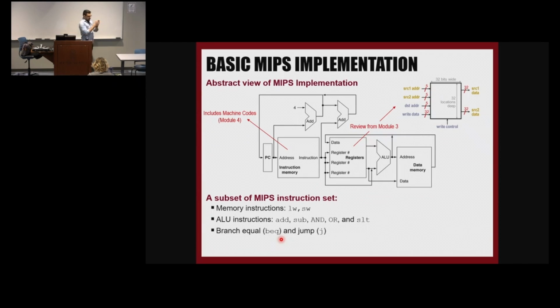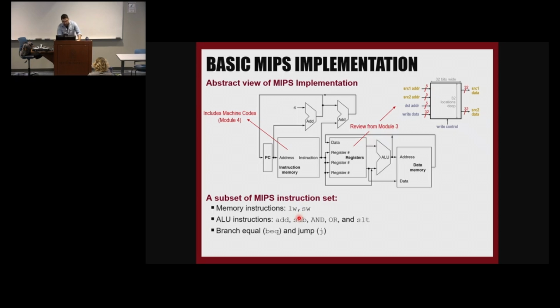And we are going to cover basic MIPS processor implementation. A very basic one. And then we start from here, and we add different blocks to it moving forward. Okay? So what we're looking at here is a very basic view of MIPS implementation. It is designed for a subset of the MIPS instructions.